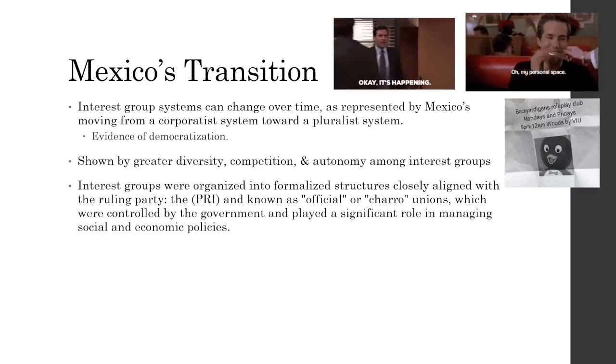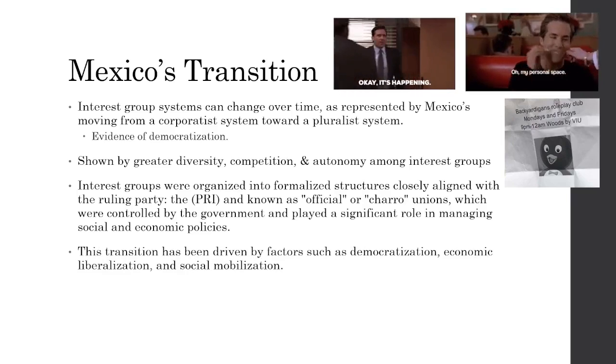Remember, they were the dominant party in the executive branch for 71 years in the 20th century. They were known as official unions, controlled directly by the government, and played a huge role in managing policies. This transition has essentially eliminated and diminished that.